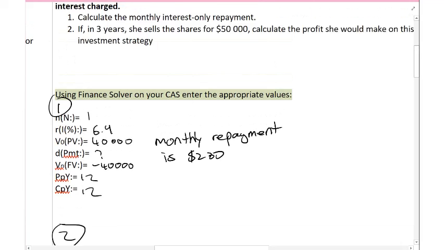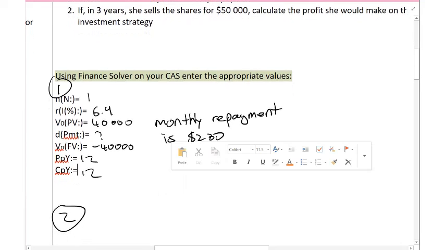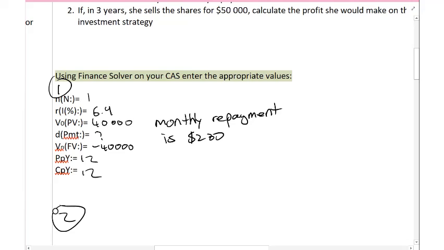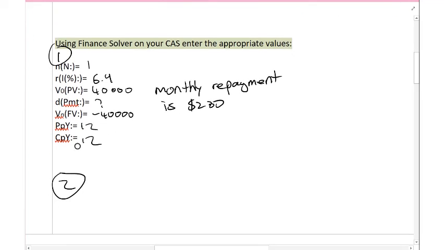For question 2, in 3 years she sells the shares for 50 grand. Calculate the profit she would make using this investment strategy. Well, she's going to be paying $230.